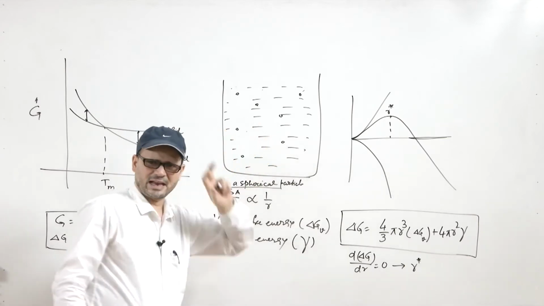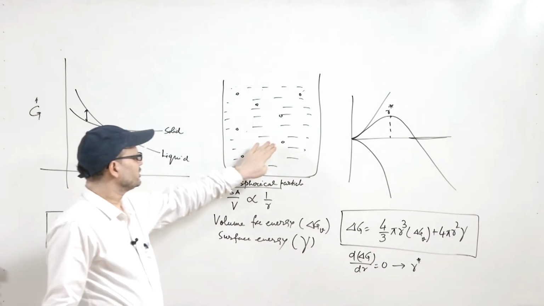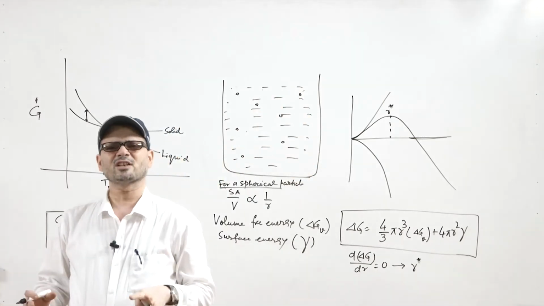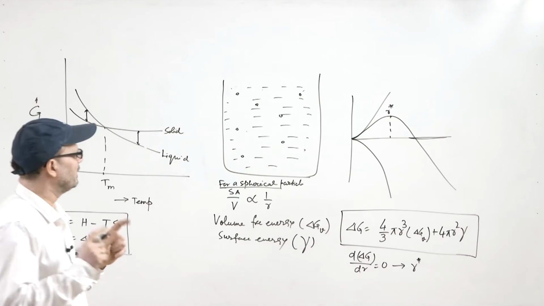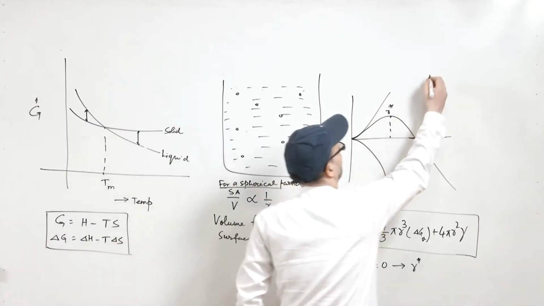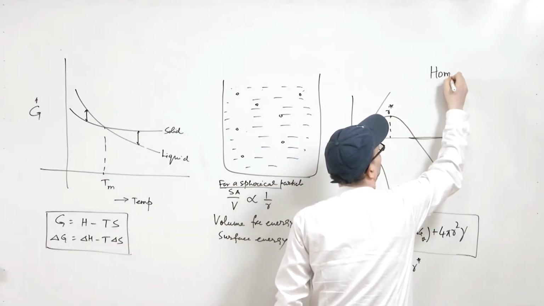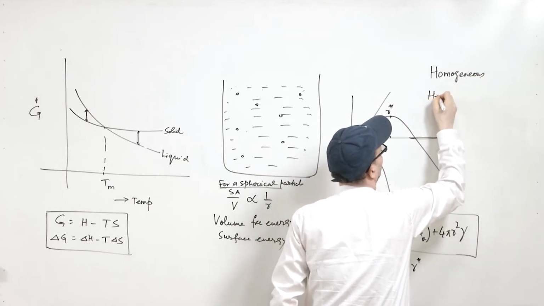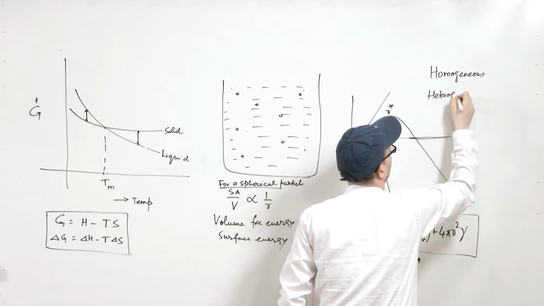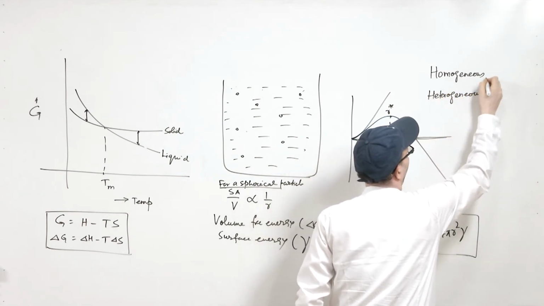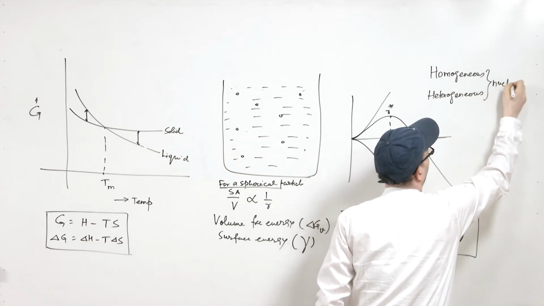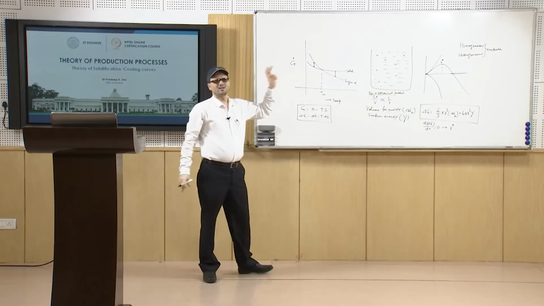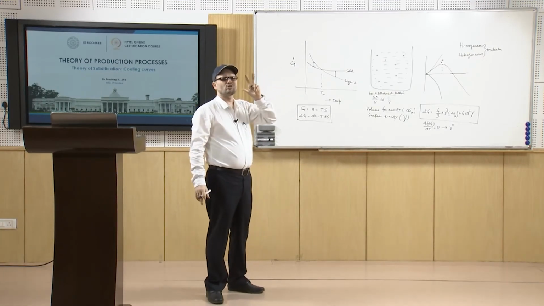Now, in normal circumstances, if the probability of nucleation is equal in the whole domain, then it is a case of homogeneous nucleation. So, you have two kinds of nucleation, homogeneous and heterogeneous.